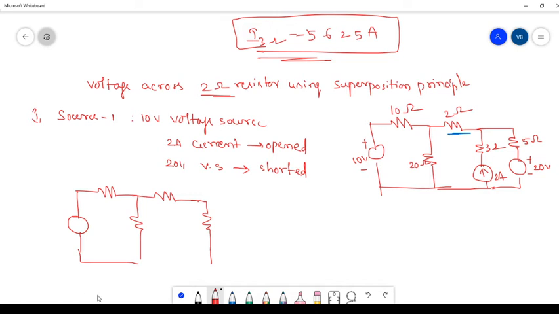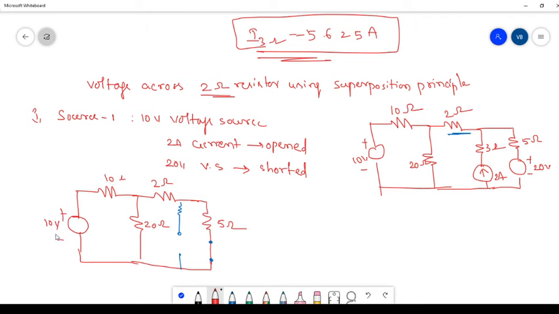The eliminated parts are the opened current source, so that resistor is not connected, and the shorted 20 volts source, so this resistor is connected here. This value is 10 ohms, this is 2 ohms, 20 ohms, and 5 ohms.